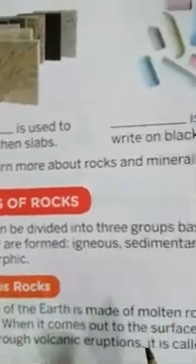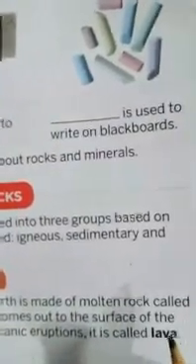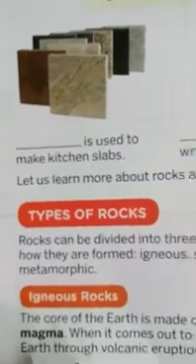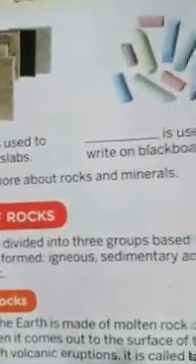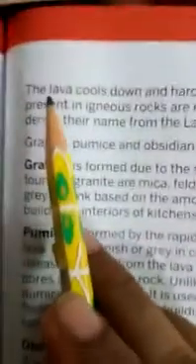When it comes out to the surface of the Earth through volcanic eruptions, it is called lava. You can see in the picture, through a volcanic eruption, the lava comes out. The lava cools down and hardens to form igneous rocks.